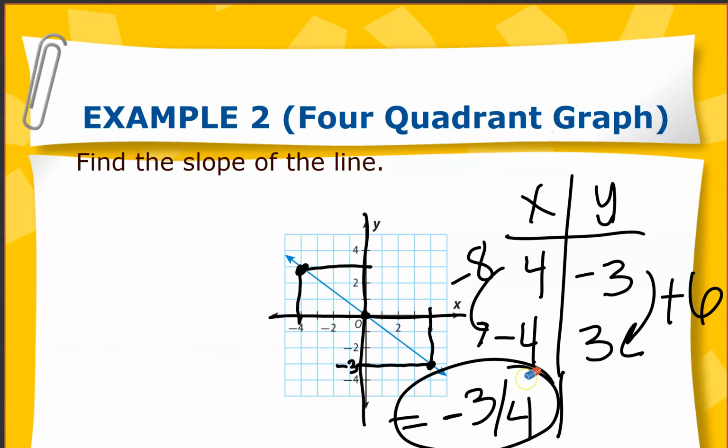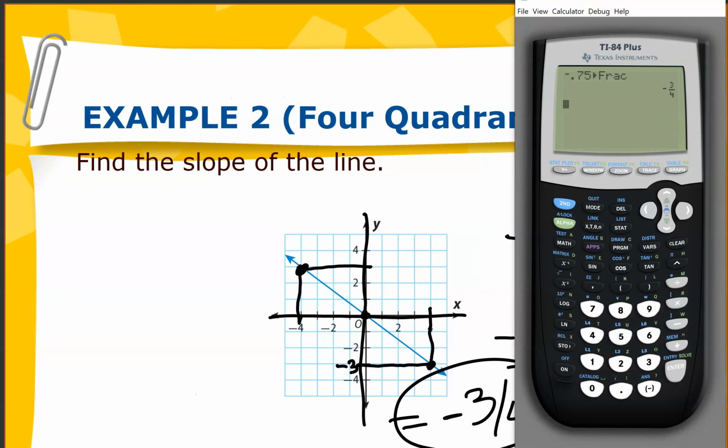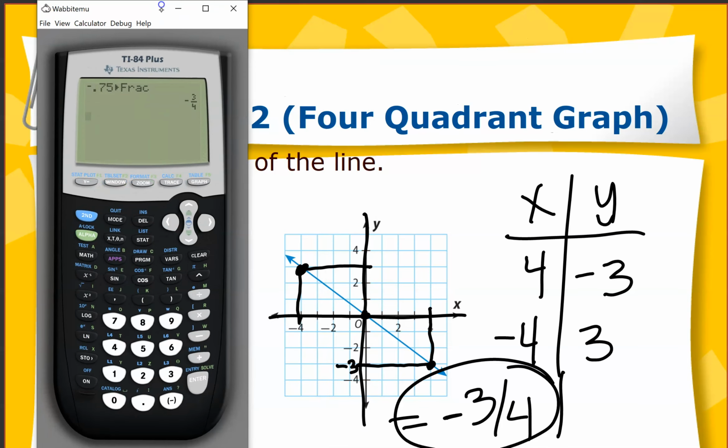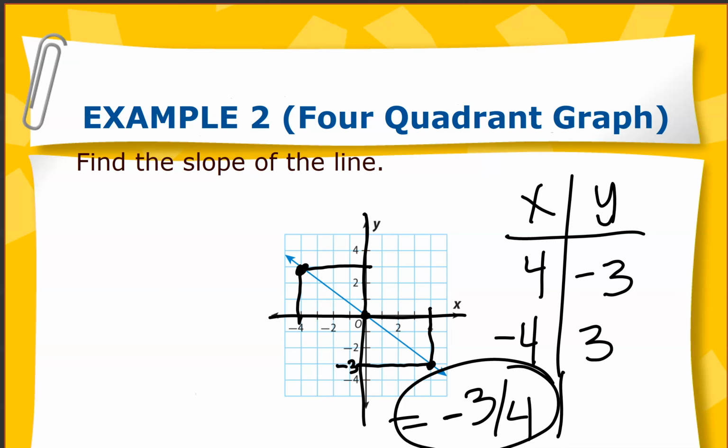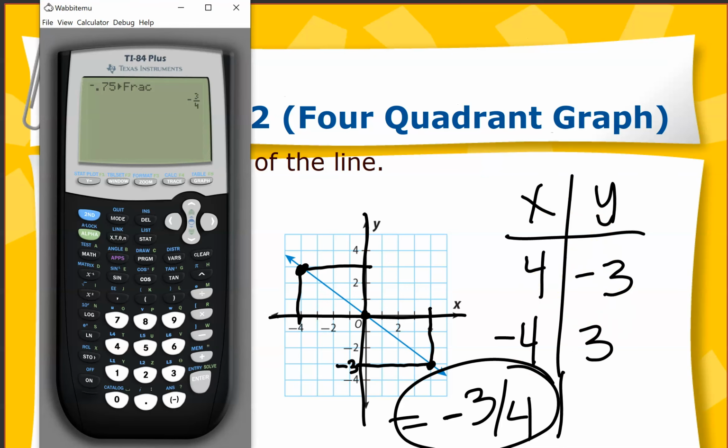So again, the first step, if you want to double check on the calculator, is that you select 2 points from your graph. You place them on a table, X and Y table, just like I did right here. And then, again, you go to Stat, Edit, Enter.